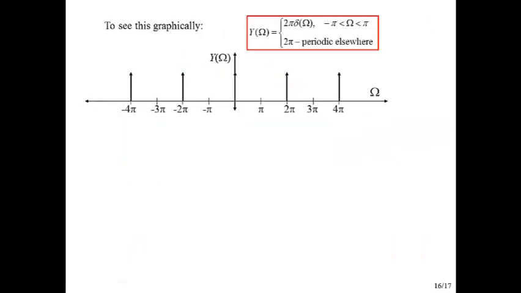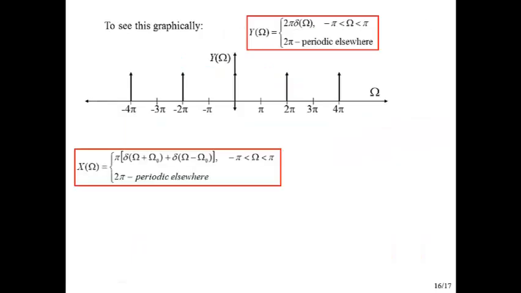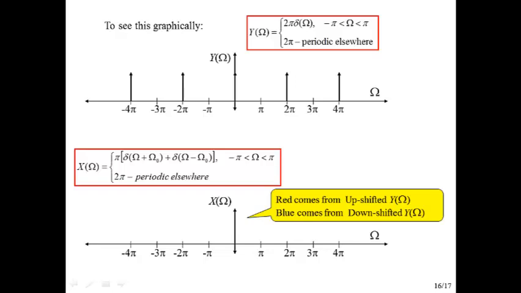And we should have a picture here. There's the thing unshifted, and there it is shifted up, there it is shifted down, but we add the two together, and so there it is. The red and blue together constitute the Fourier transform, the DTFT, of a cosine with frequency omega sub 0. So this makes complete sense again.